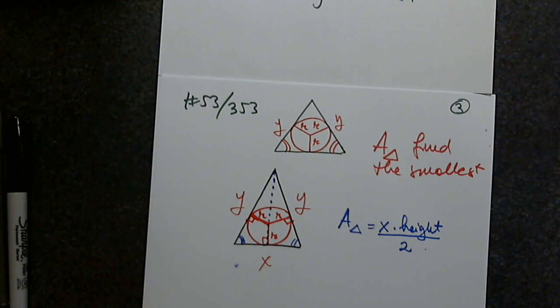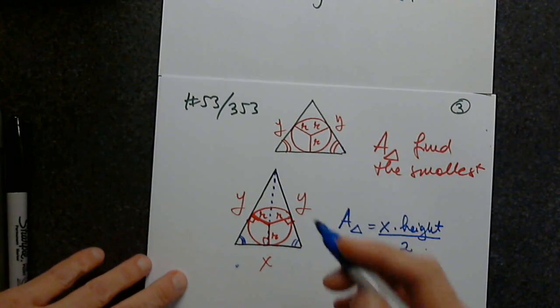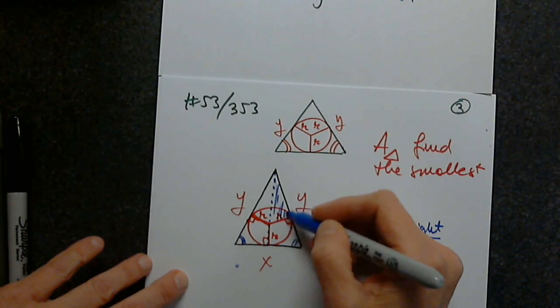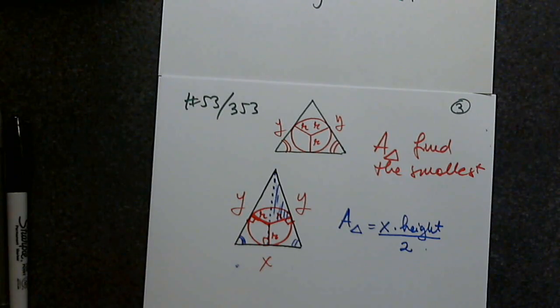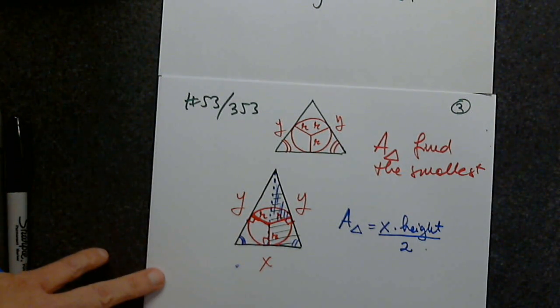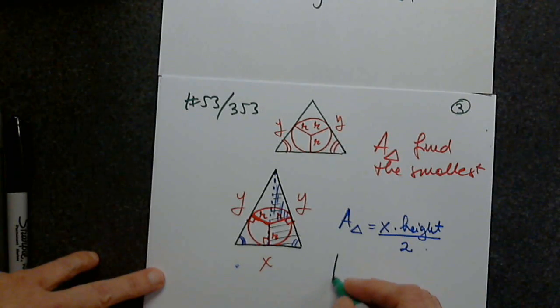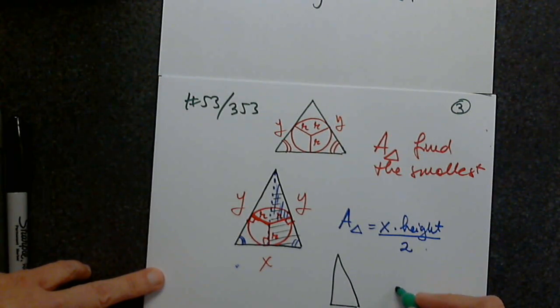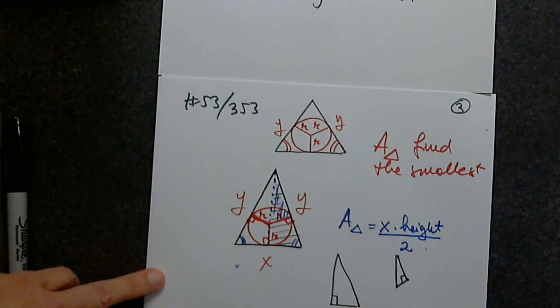So these two triangles are similar. So this triangle and this triangle. They are both right triangles.